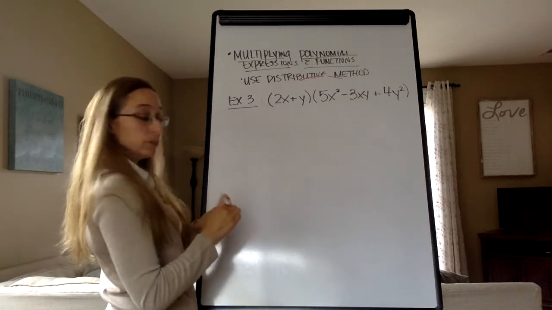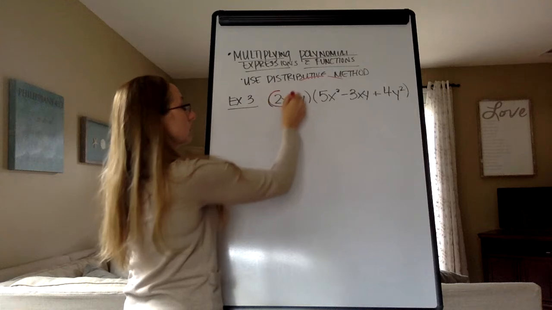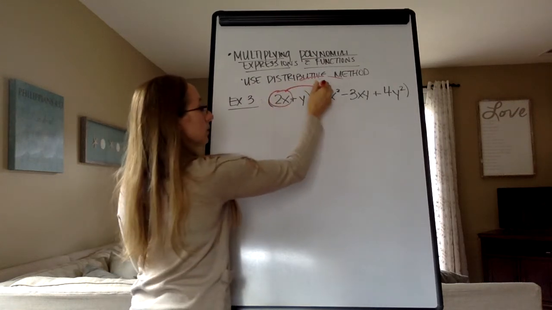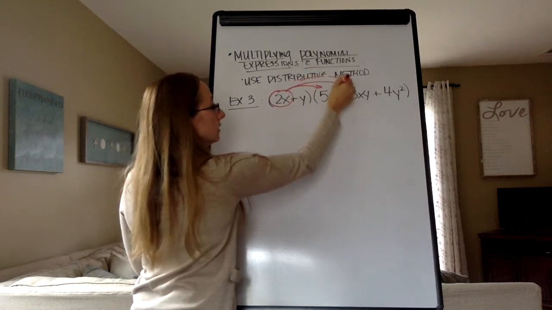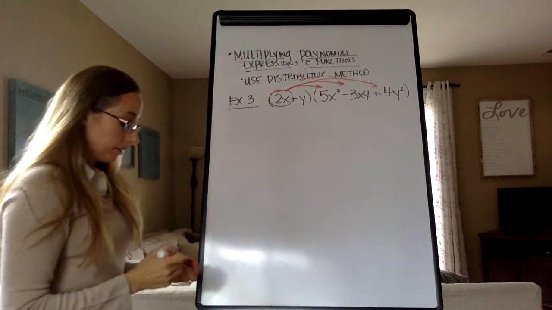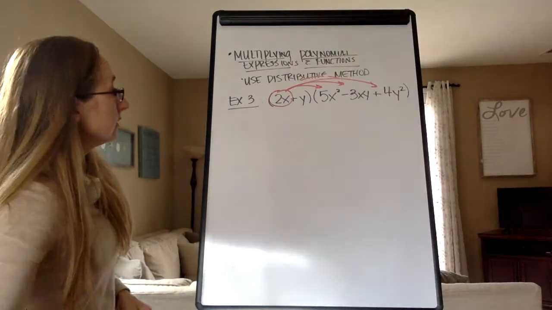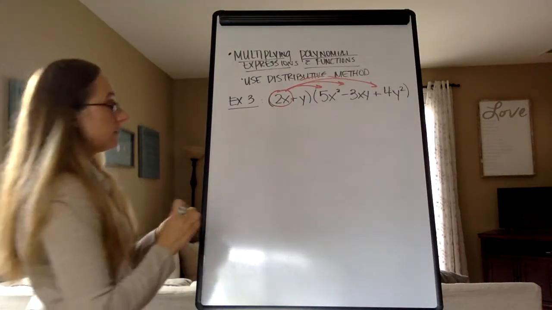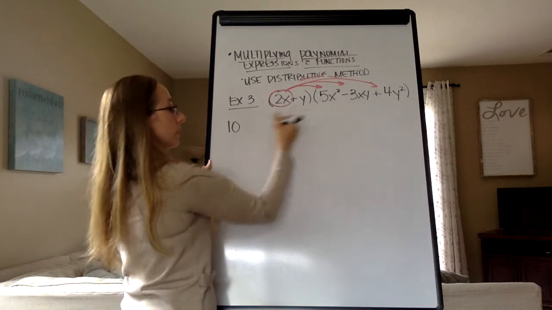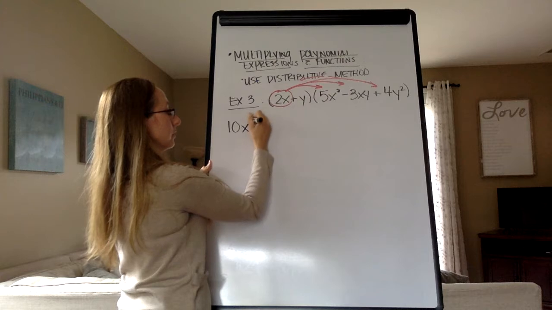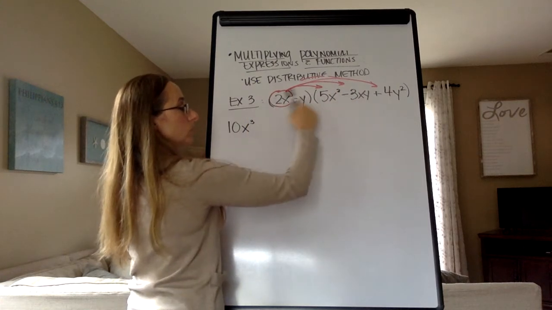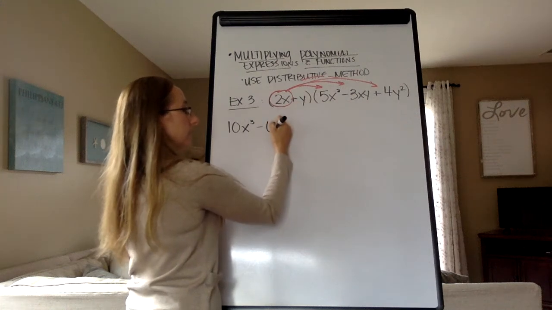So let's go ahead and take our first term of 2x and distribute it to every term in that second polynomial. So we're going to apply it to the 5x squared, to the minus 3xy, and also to the 4y squared. So 2x times 5x squared, 2 times 5 is 10. X times x squared, we have x to the third. 2x times negative 3xy, so 2 times minus 3, we have minus 6.